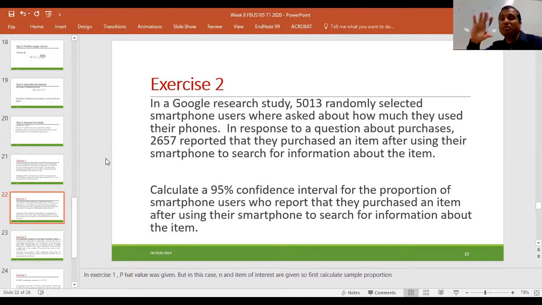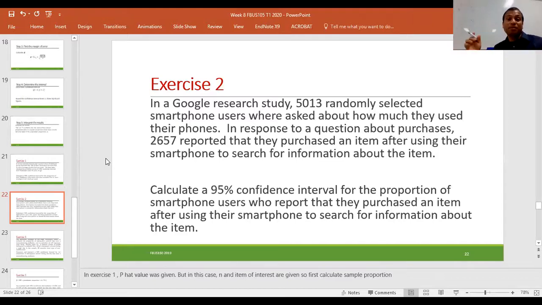So this question is not about the mean anywhere. It is about proportion. Exactly. Either they have given you a certain percentage, like 40% of the students fail, meaning 40 out of 100, or otherwise you have 2 data: one is the sample size, and the second is the sample of your interest.